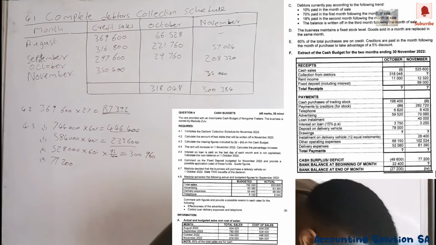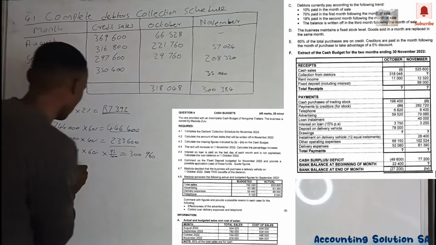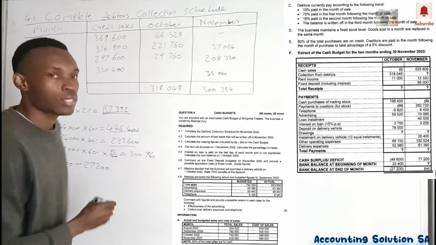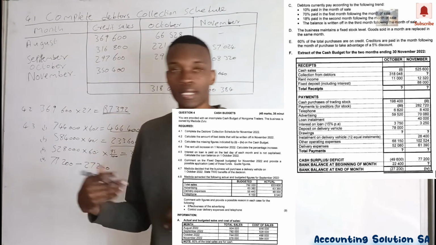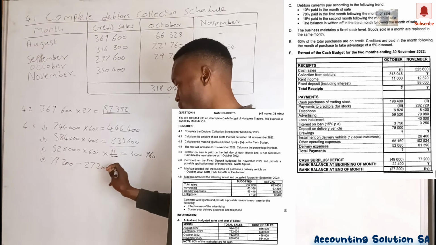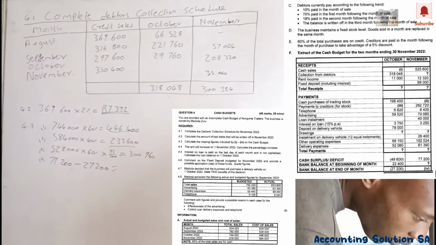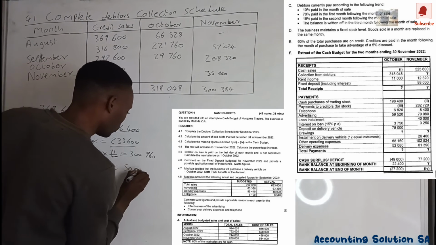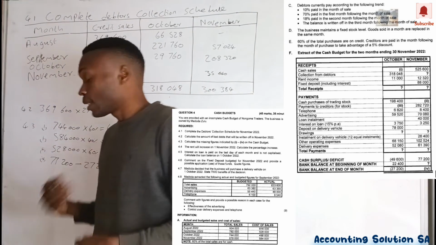So the closing balance for last month was 27,200, which is negative. We are going to say minus 27,200. But if it was positive, we were going to add. Because it's negative, we are going to subtract, and it gives us an amount of 50,000. Very simple as that.